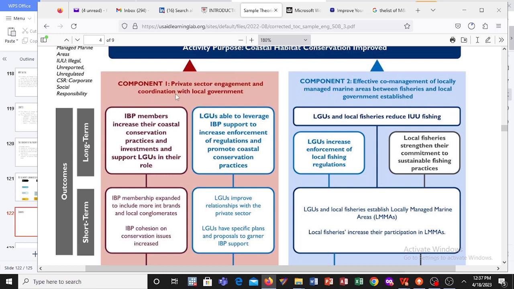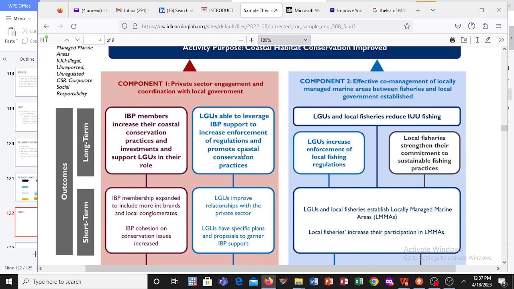Under component 1, they have private sector engagement and coordination with local government, which is the outcome. And under this, they have IP members increase their coastal conservation practices and investments. LG are able to leverage support.